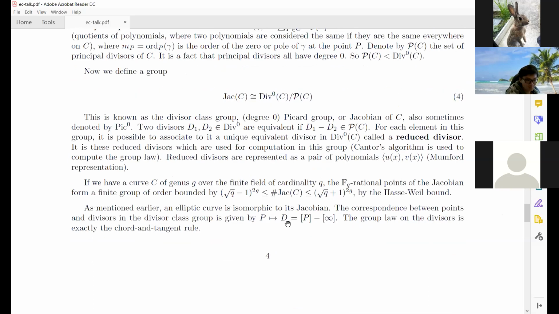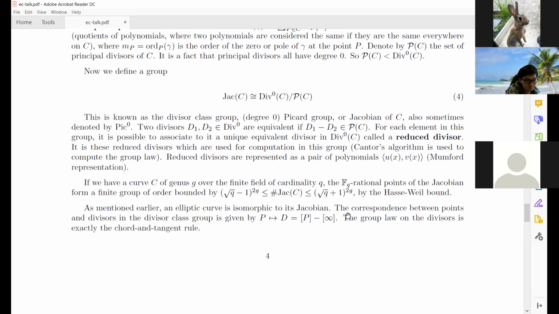Like I said, if you just think about this Jacobian here, the isomorphism with an elliptic curve is pretty simple. If you've got a point on the elliptic curve, you send it to a divisor of this form: just that point minus the point at infinity. Remember that the coefficients have to add up to 0 because this is the degree 0 divisor.